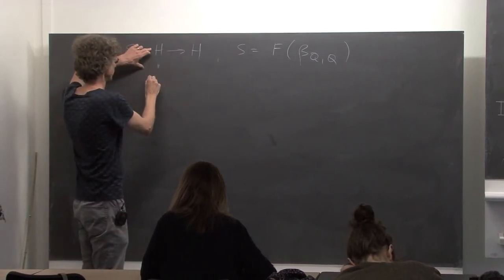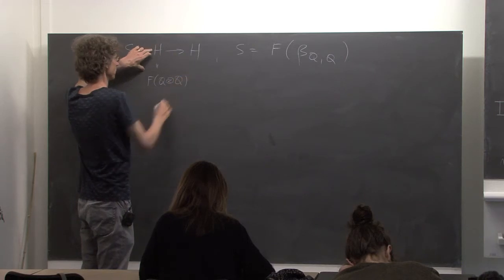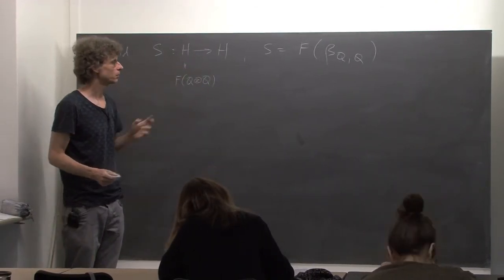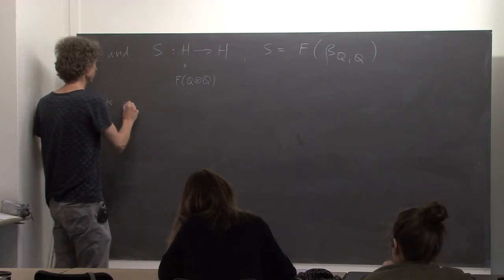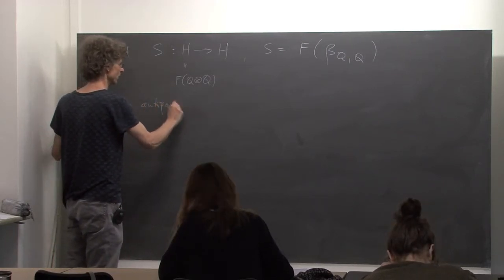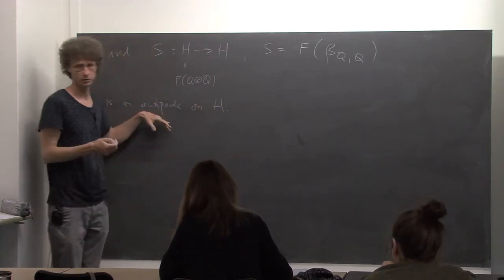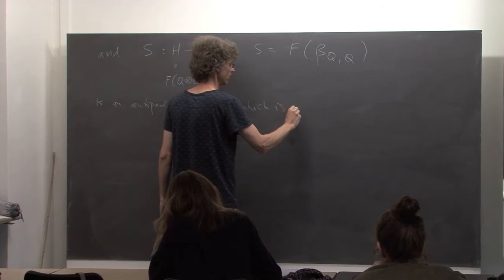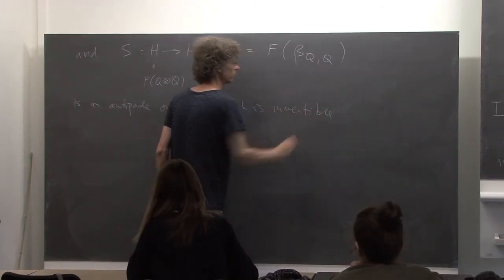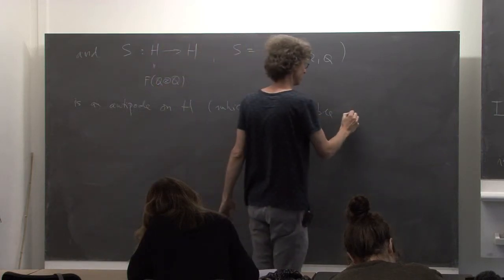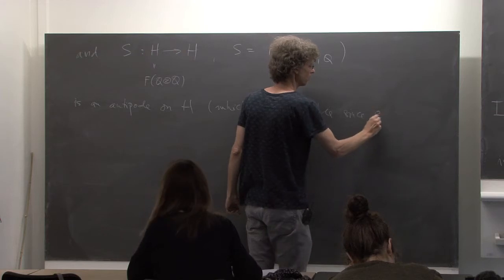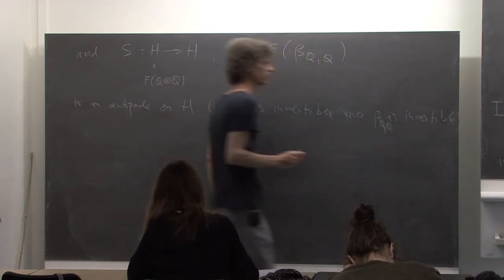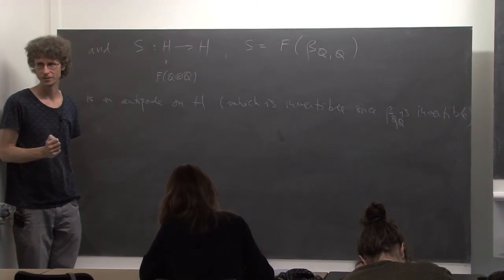You see, because like this H is F of Q tensor Q, I just exchange those two things, apply F, and get S. So that thing is an antipode on H. In particular, that antipode is invertible, just because beta is invertible. Okay, so there is our Hopf algebra.